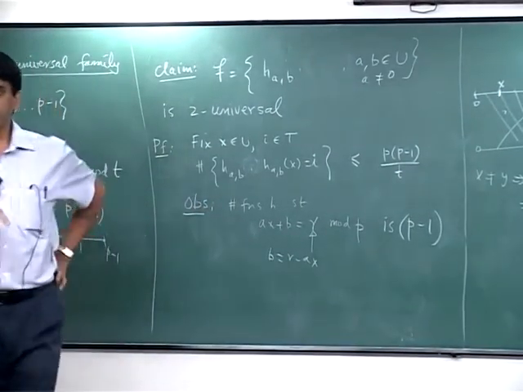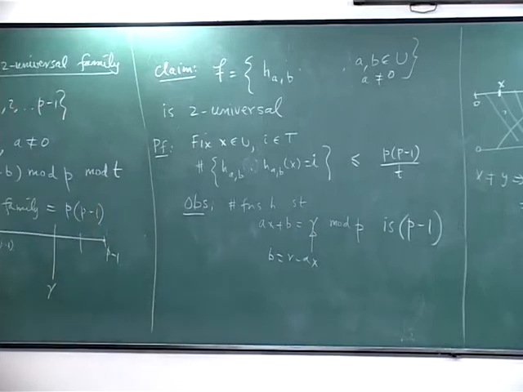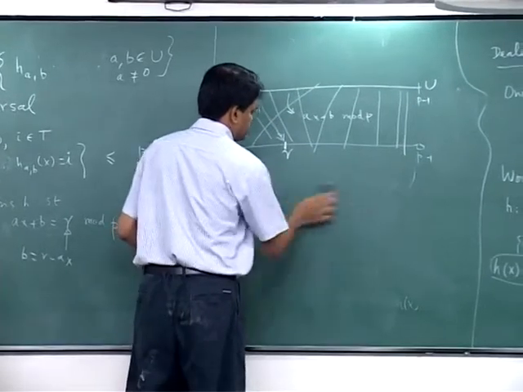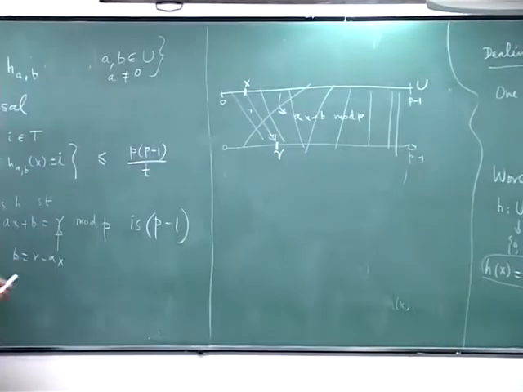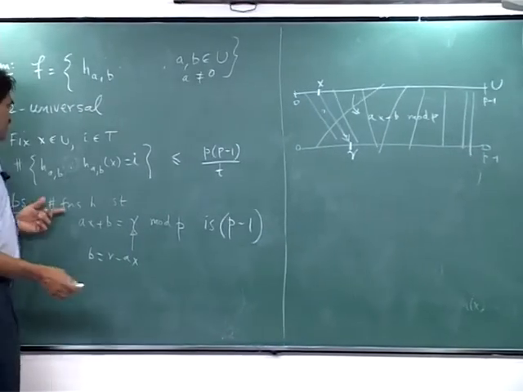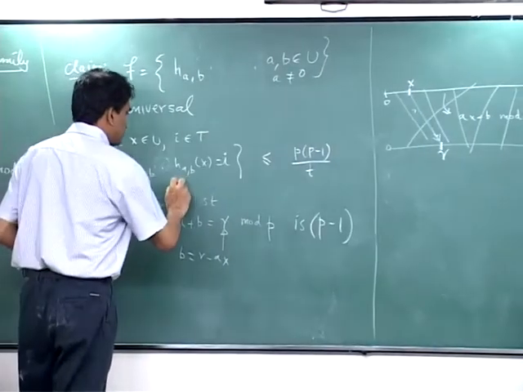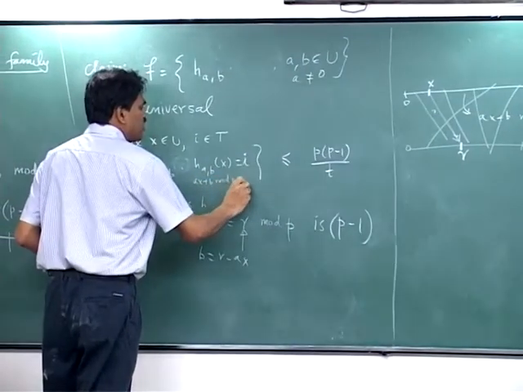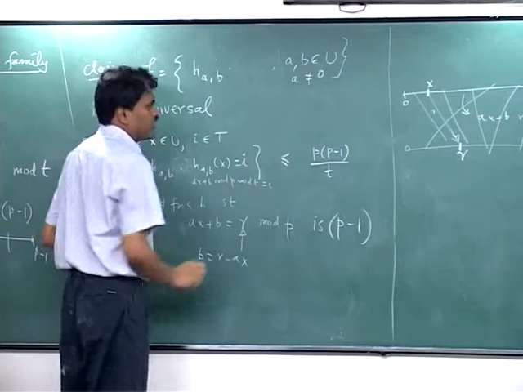Okay, so now we'll come to mod t, how it's going. Now I am interested in how many (a, b) pairs are there such that ax plus b mod p mod t is equal to i.